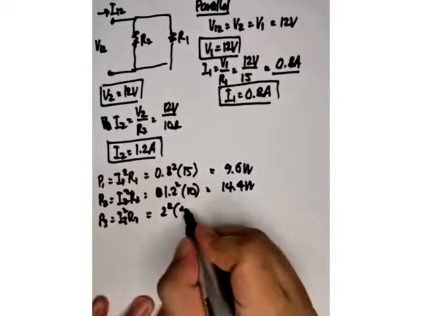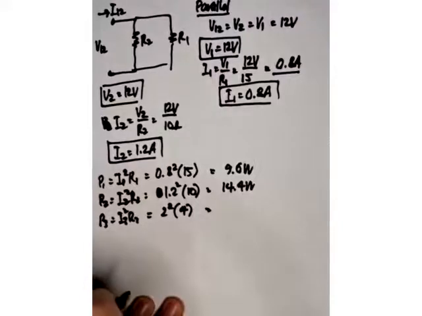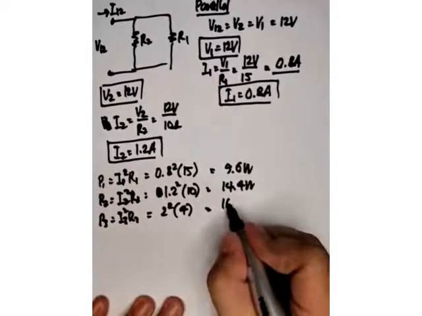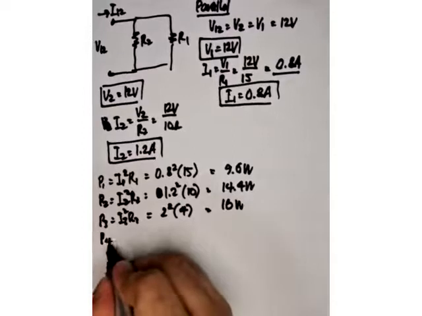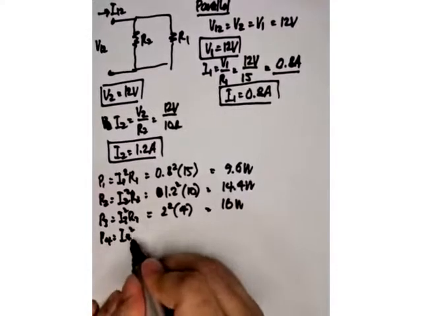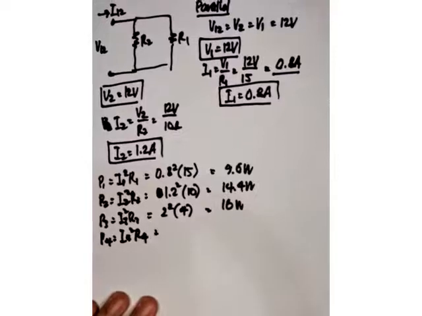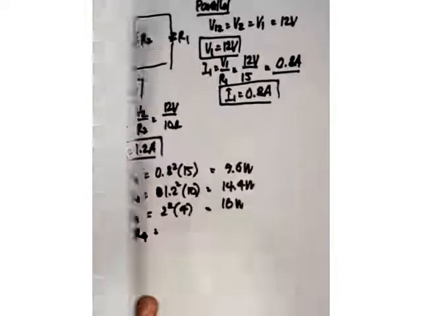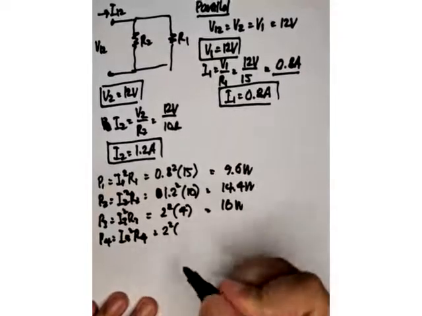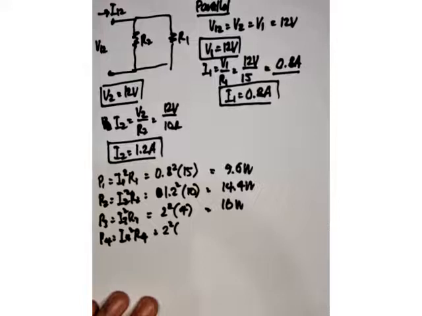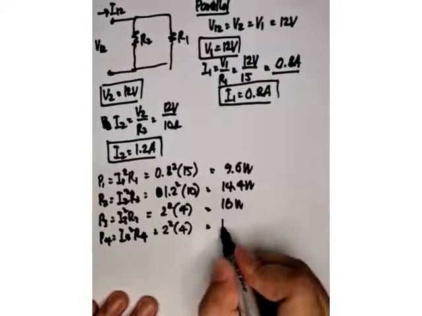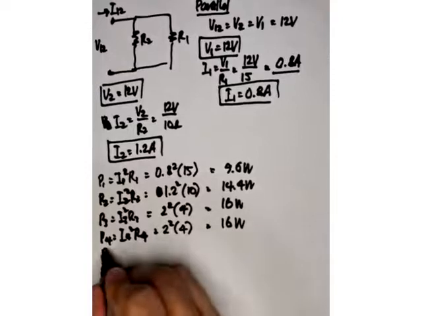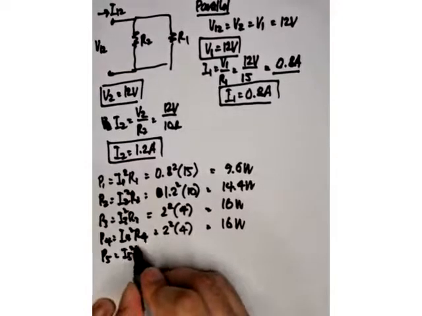R3 is 4. 16 watts. Okay, P4, it's I4 squared R4. So I4 natin na nakuha ay, I4 is also 2 amperes. 2 squared times R4 is 4. That's also 16 watts.